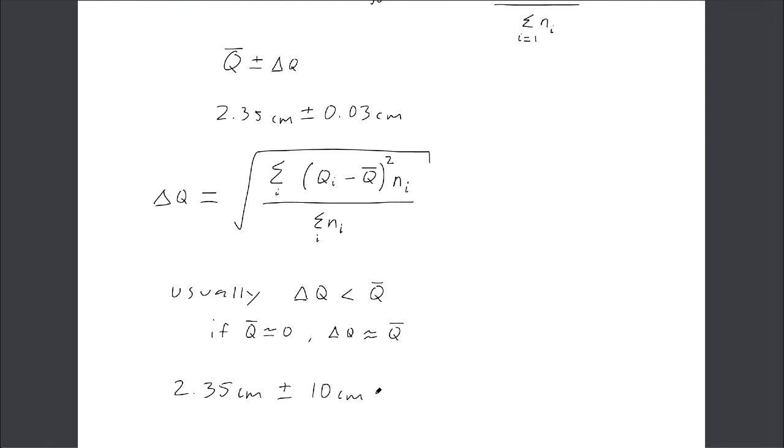Somebody would look at that and say, you have no idea what you're doing. You have no idea how to measure this thing. How can you possibly say that a distance is 2.35 centimeters, but your uncertainty is plus or minus 10 centimeters, bigger than the value that you are claiming you measured? That doesn't make any sense. So you'll never see this kind of situation unless you're just making things up.